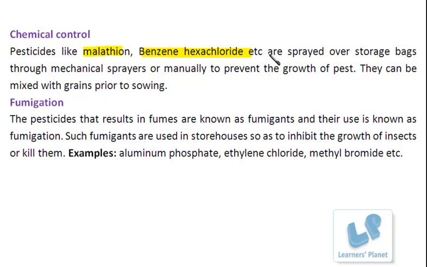These pesticides are sprayed over the storage bags through mechanical sprayers, or this can be done manually also, so as to prevent the growth of pests. Even farmers or traders mix the pesticides with the grains prior to sowing. But this type of method can cause some disadvantages also.